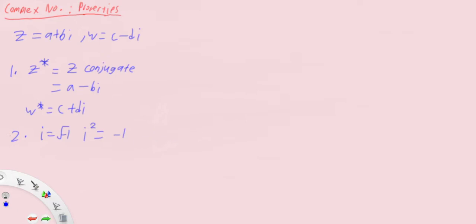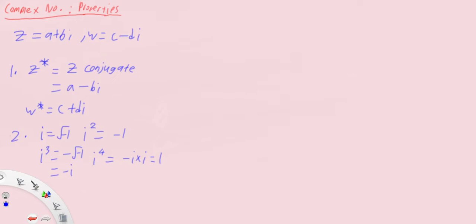Then from i square we have i cube, which is minus 1 times root minus 1. You can probably guess it: minus i. Lastly, i power 4: minus i times i equals minus 1 times minus 1, which then becomes 1.